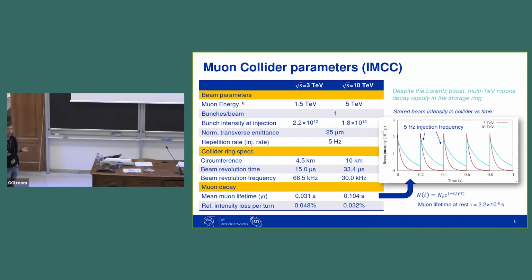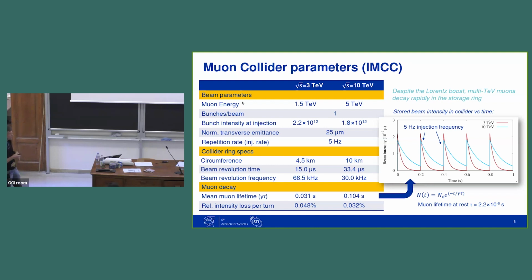Just for comparison, this is 10 times larger than the bunch intensity of a proton bunch in the LHC. Presently, the proton bunch in the LHC has an intensity of around 1.6 times 10 to the 11. So you can see this is quite a push. Of course, in the LHC, we have more than 2,000 bunches circulating in the ring, but still in terms of bunch density, it is really high.